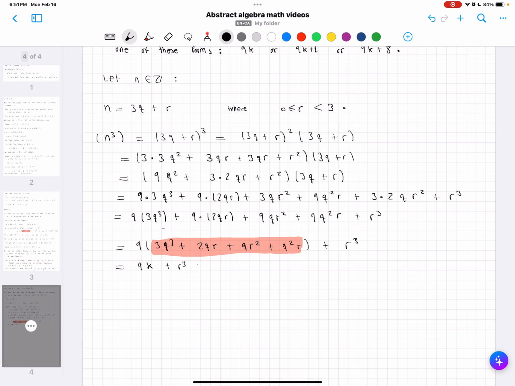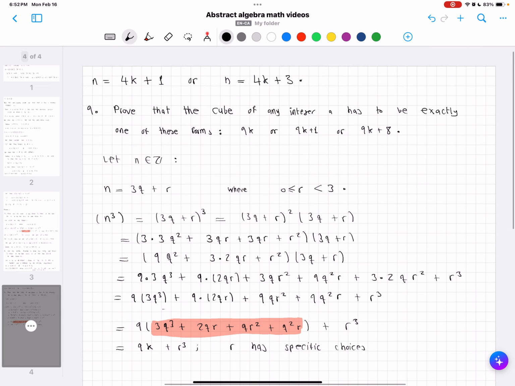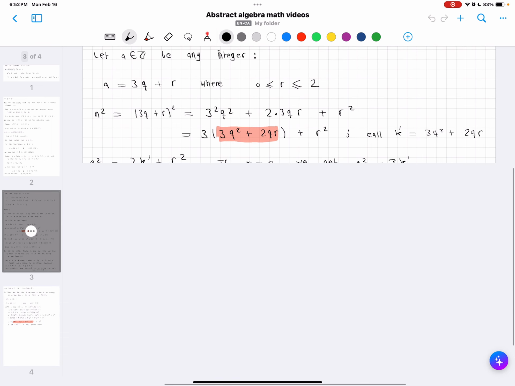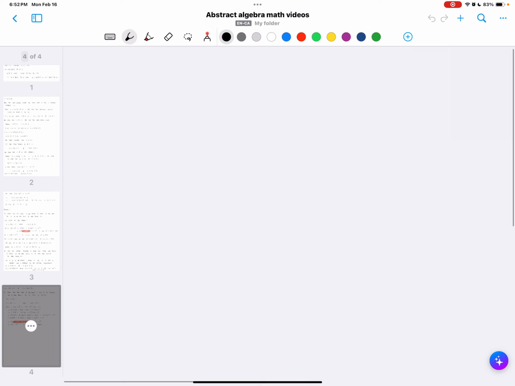So r has specific choices. You can also invoke the binomial theorem. So what are the choices for r?